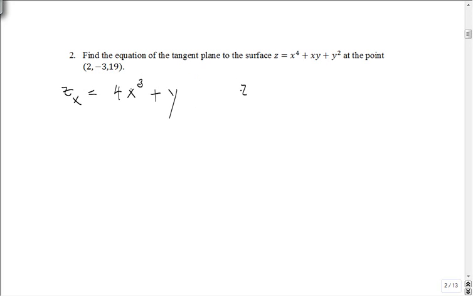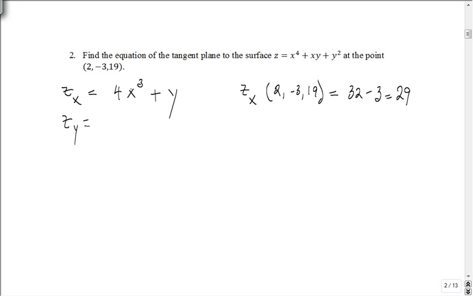Now find the partial at (2, -3, 19). So you're going to put 2 for x and negative 3 for y. So 2 for x, that's 32 minus 3, which is 29. Okay, let's find the partial with respect to y.